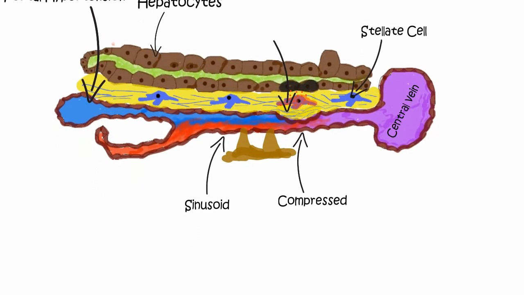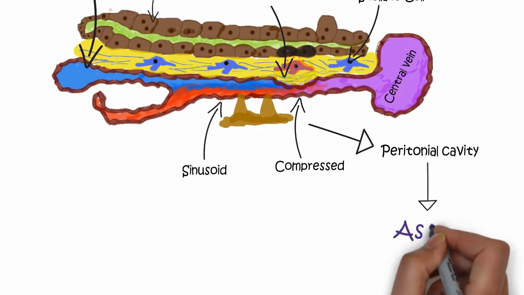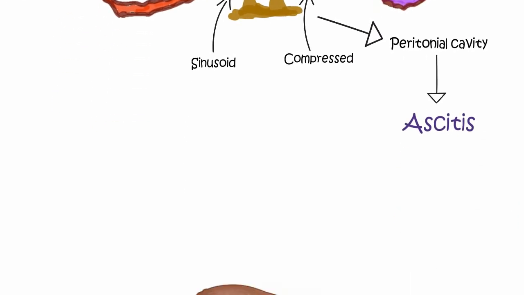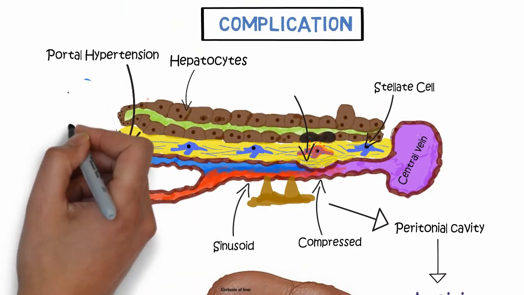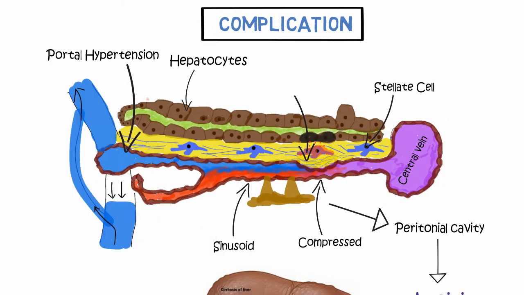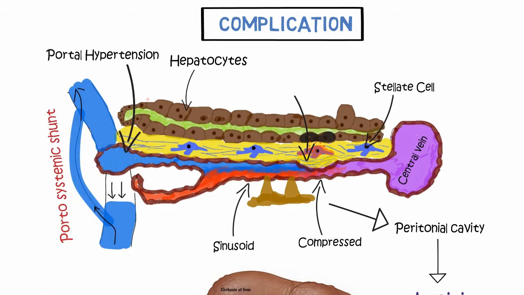And this causes extravasation of fluid into the peritoneal cavity and leads to ascites. The spleen becomes congested due to back pressure, which leads to hypersplenism. And in the same way, the circulatory system diverts blood away from the liver due to high pressure in the portal vein. This is known as portal systemic shunt.